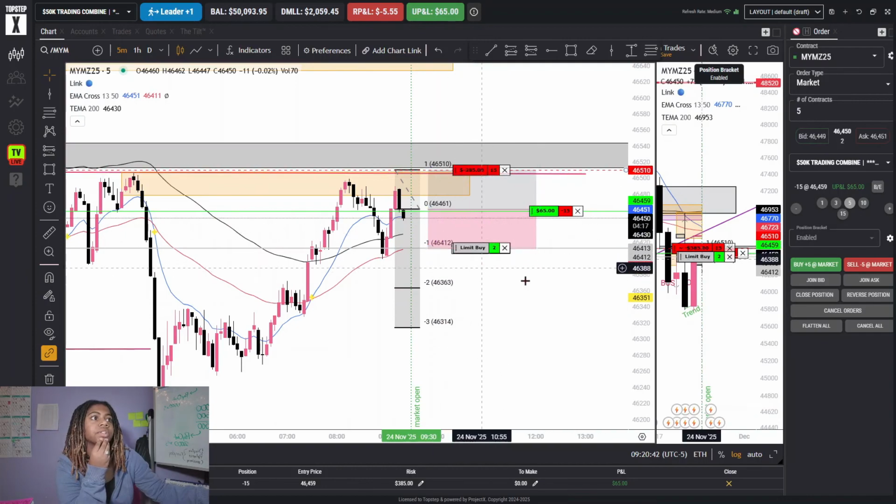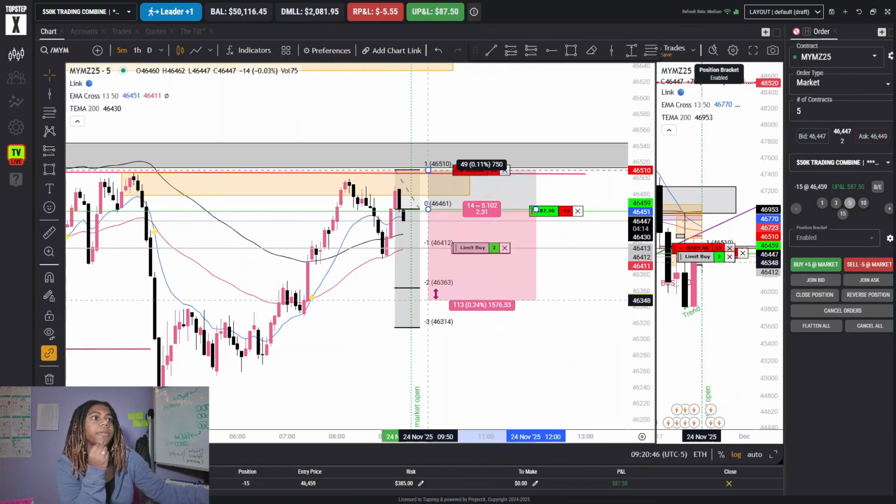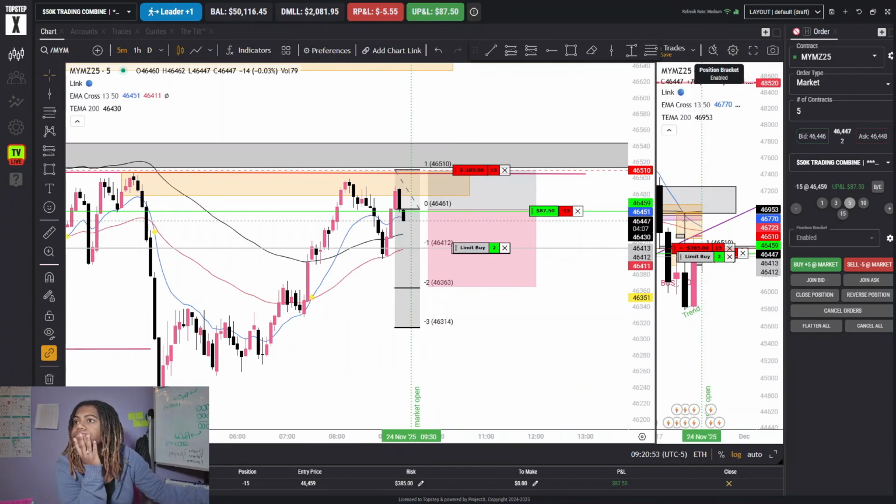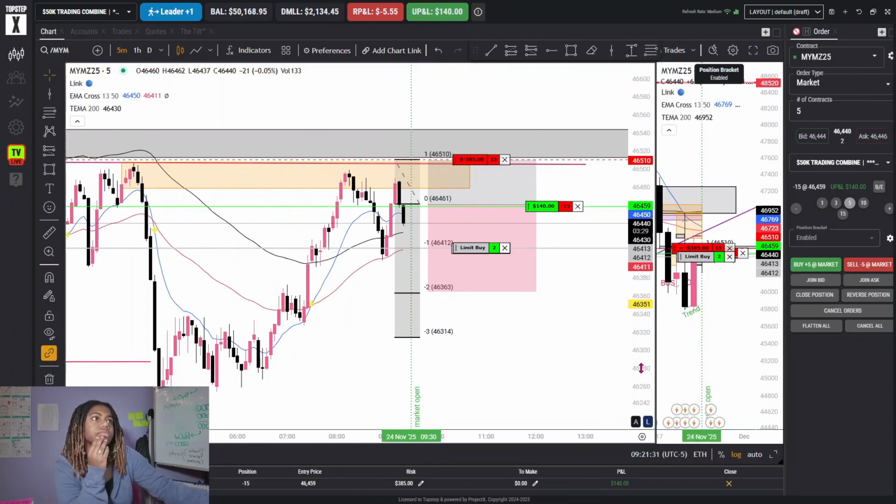Risking about $380 on this trade. Not too shabby. And now we just wait.